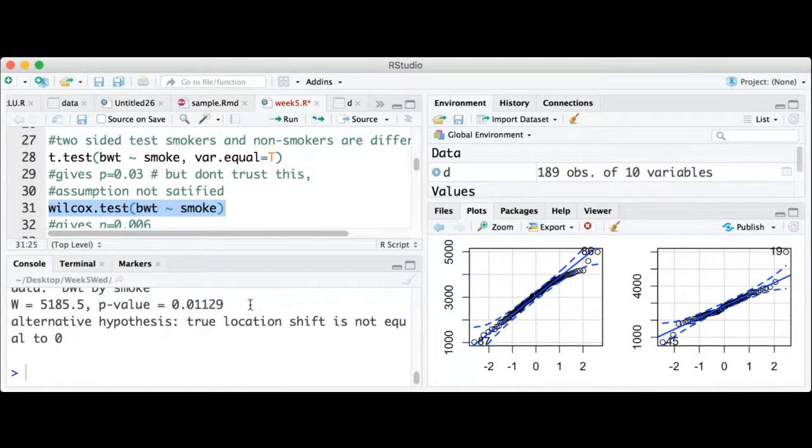So it's saying 0.01. So I'm rejecting the null hypothesis even more strongly, but that's not a fair comparison, because the t-test shouldn't have been applied in this situation.